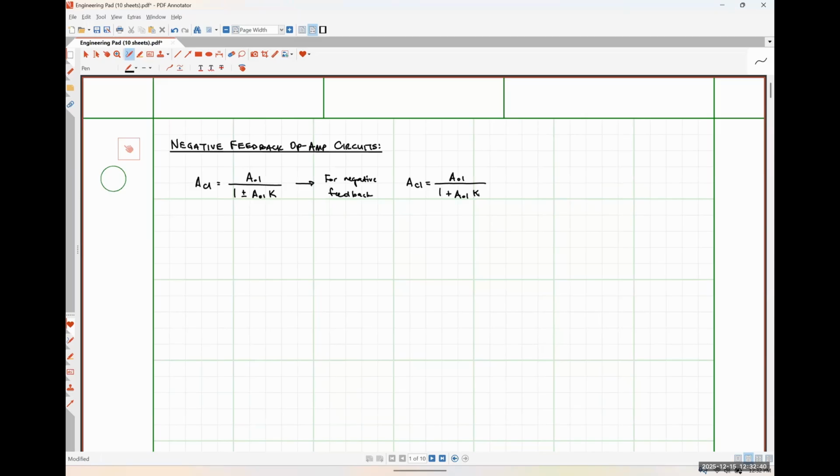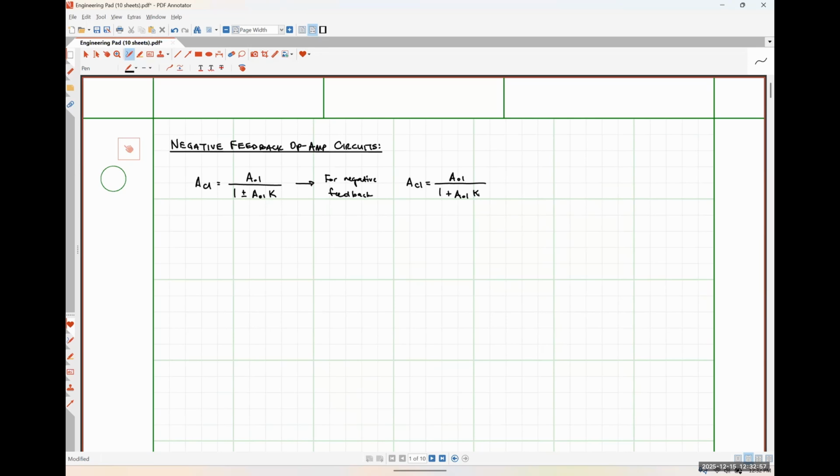Now, for operational amplifiers, which is where we're really focused on in this class, we typically have incredibly high open loop gains on the order of a few 100,000 to a few million.